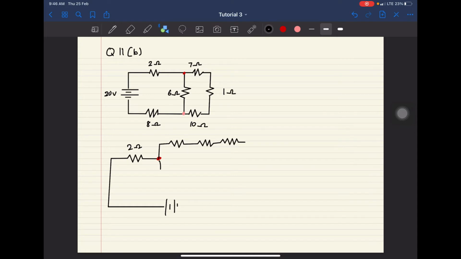Okay, down here go through 6. And those things combine back over here at the pink junction there. Okay, so up here is 7 ohm, 1 ohm, and then 10 ohm. Down here we have 6 ohm.